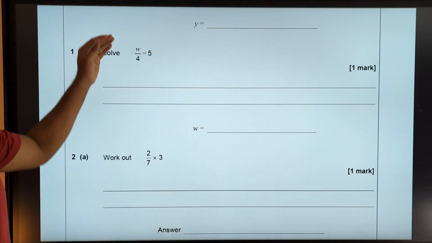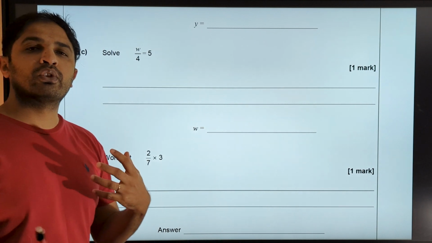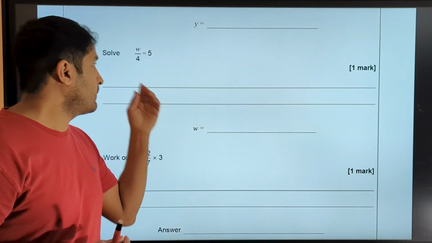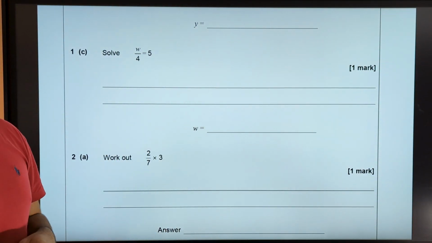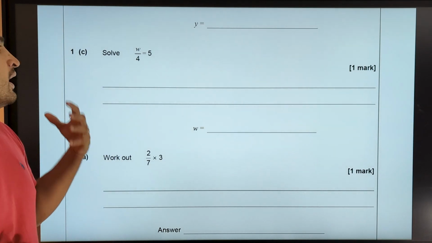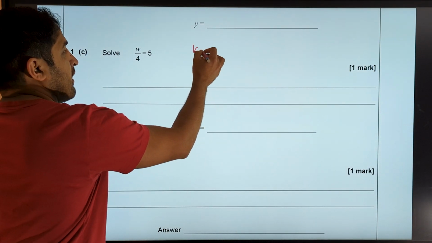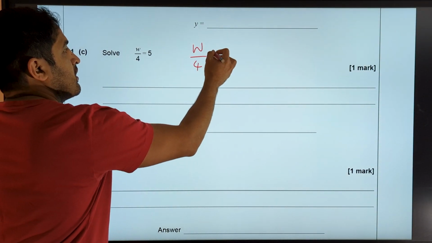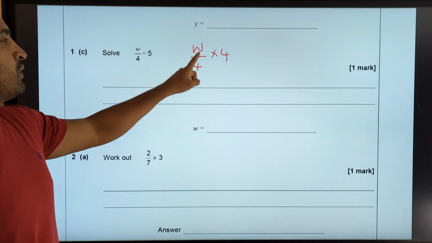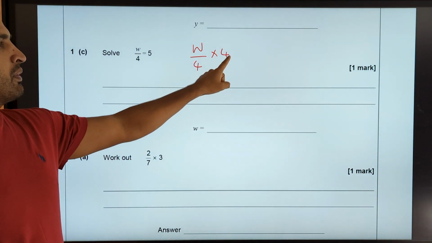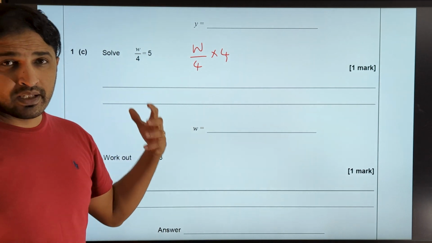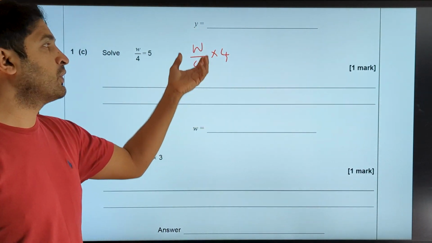Again, solving an equation. W stands for some number, okay? So something divided by 4, which gives you 5. So what we're going to do here, we're going to multiply both sides by 4. So multiply that side by 4, so you get W over 4 multiplied by 4. Why? Because if you divide something by 4 and then multiply by 4, you get the same thing.